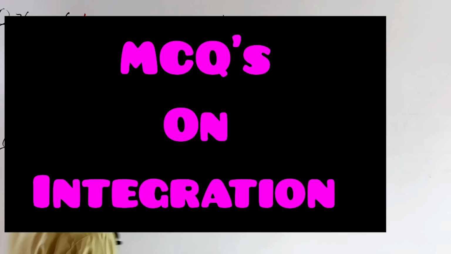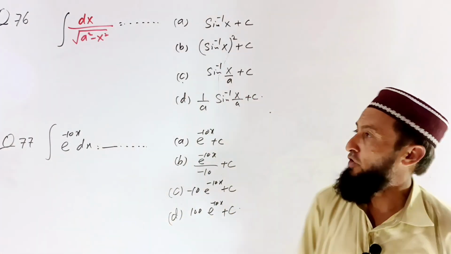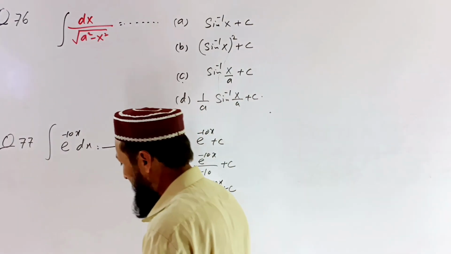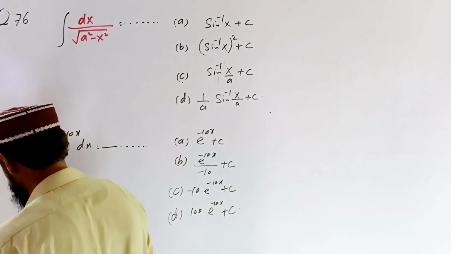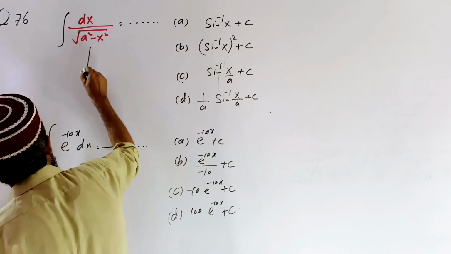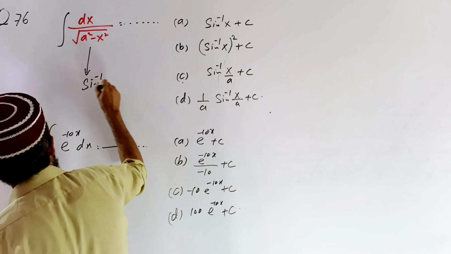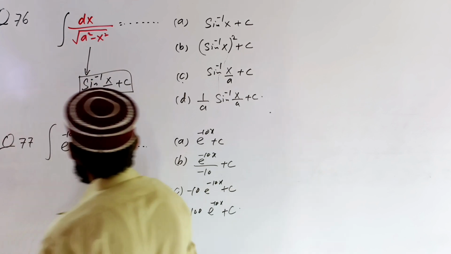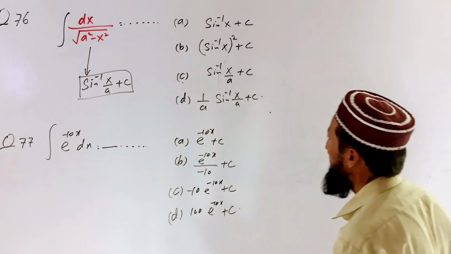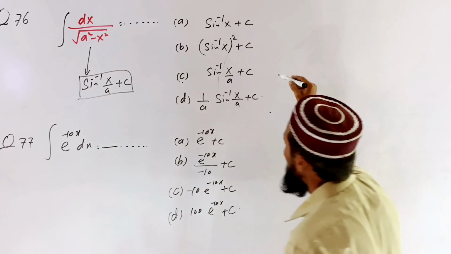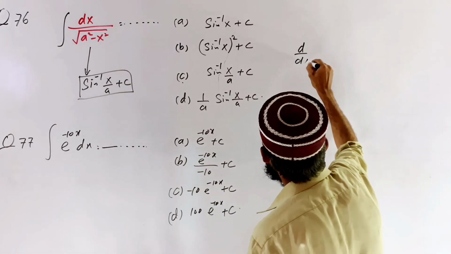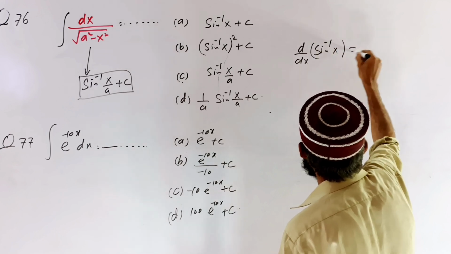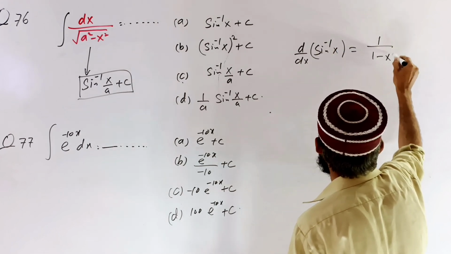Question number 76, integration of dx over the square root of a square minus x square. So we know that the formula of that is sine inverse x by a plus c. We know that the derivative of sine inverse x is equal to 1 divided by the square root of 1 minus x square.